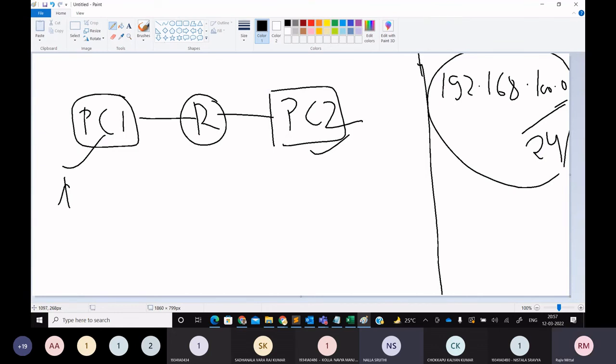Now come to a real-world scenario, where you will have a bigger subnet mask with the organization. Let's say this is the IP subnet which the organization is using, and then they will have different networks internally. For example, this is your finance department, and this is your HR department, and they don't want any traffic to go directly between them without a router.